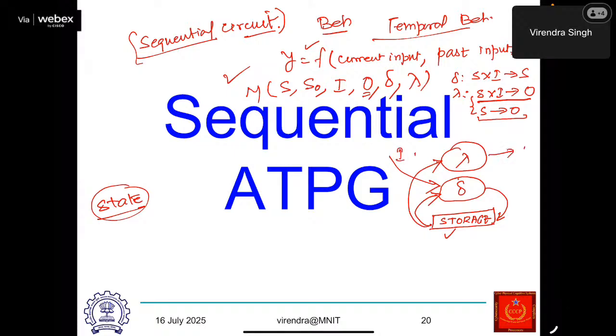This will produce output, and then input can go only to this delta function. In that case, that machine is a Moore machine. If it goes to both, in that case, that machine would be a Mealy machine. So we can represent a machine like this logically. Some storage, some function that can transit or change the state, and some function that can modify the outputs.